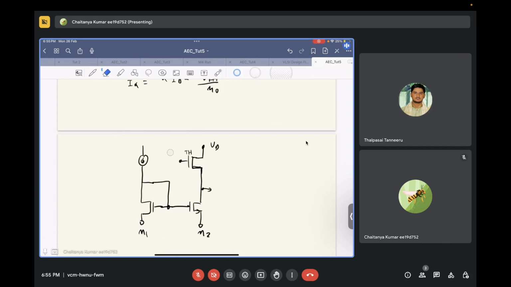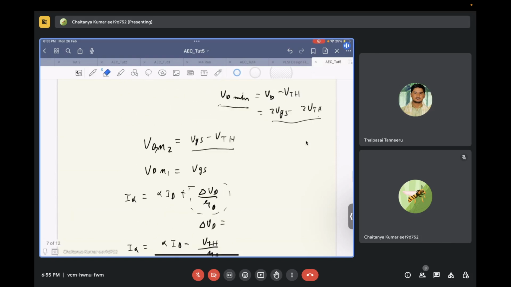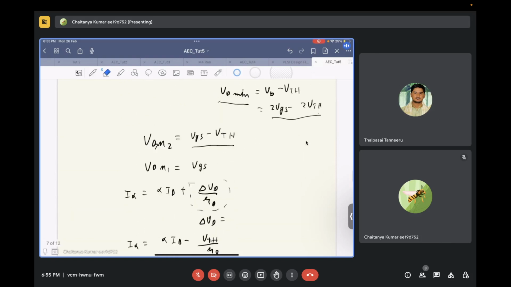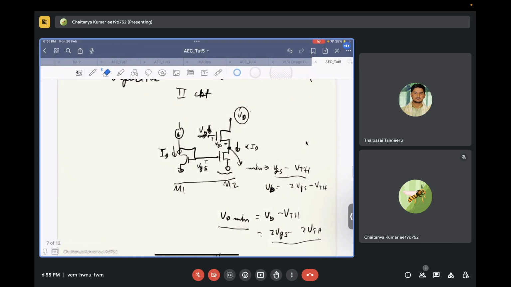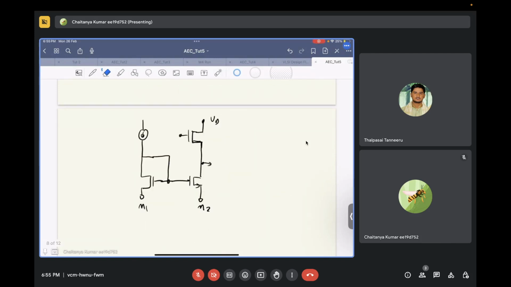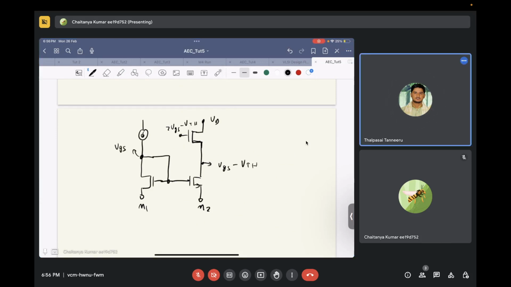Sorry, VGS minus VTH. VB can go to 2 VGS minus VTH, correct. This voltage was VGS minus VTH. Correct? Yes, sir. What is this voltage? VGS. Now let's say I put a battery over here.